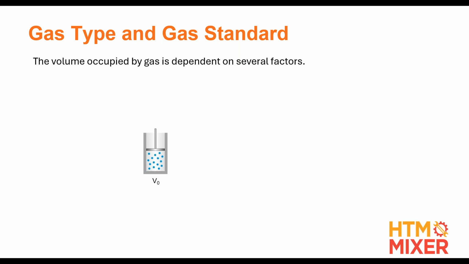But if we change the condition of the gas by increasing temperature, what happens to the volume? It goes up, right? It increases. And it doesn't just increase, it increases at a linear rate based on temperature. So we know that for every degree of rise in temperature, we might see a percentage of volume increase, right?